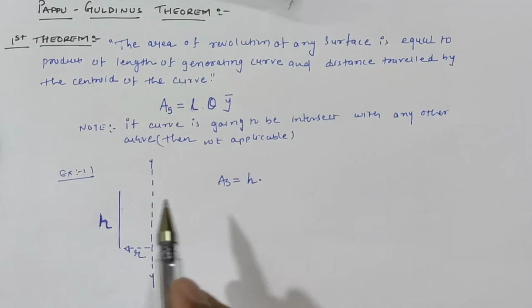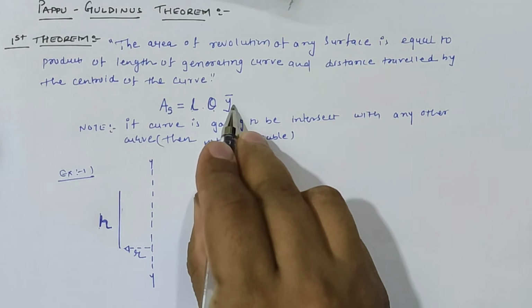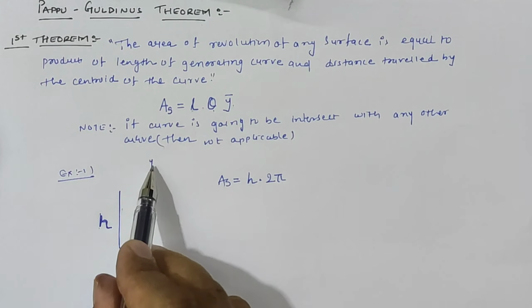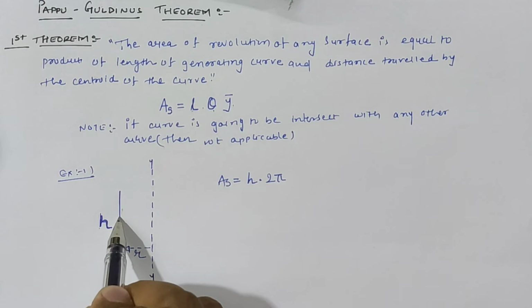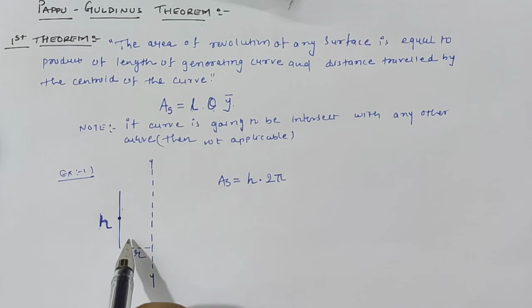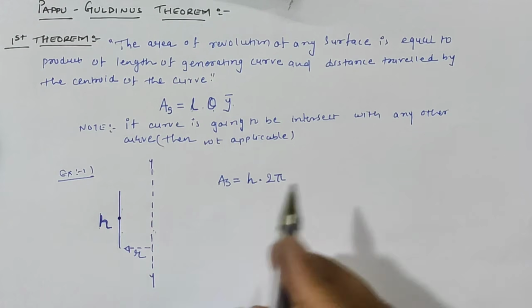So in radians, it is 2 pi as theta, and y bar means the CG distance from the y axis. Now we know that for the particular line our CG is exactly at the mid span, then the CG distance from the YY axis is known as the R value.